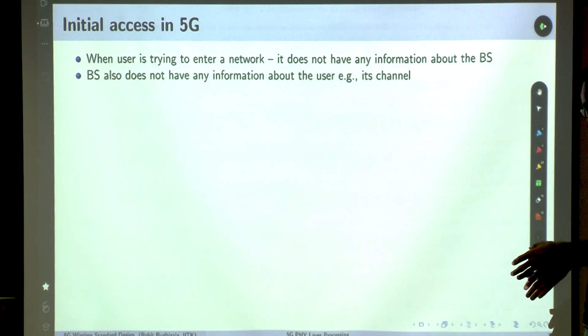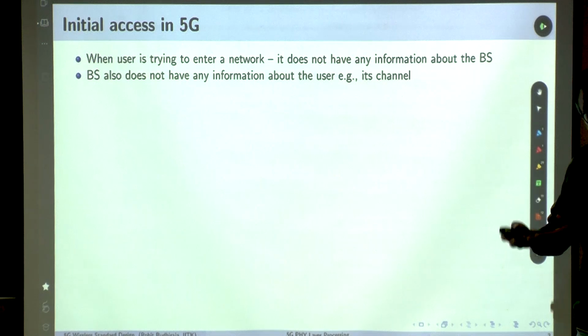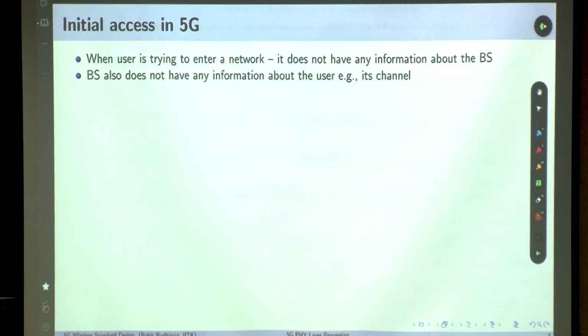If the user is located far from the base station, the user will have to transmit at a higher power. If the user is located close to the base station, the user will have to transmit at a lower power. The base station doesn't know all that. That's also part of initial access. Broadly, multiple such things happen, but I'm giving you immediate examples which you can connect to.